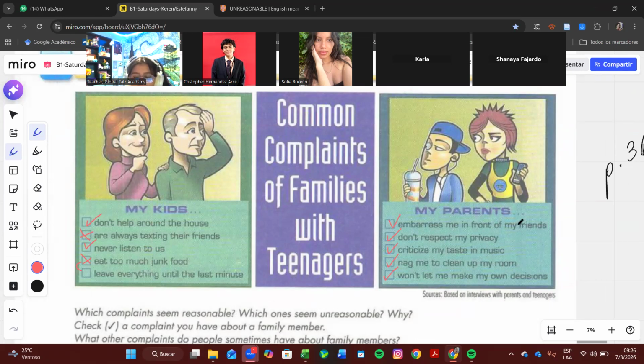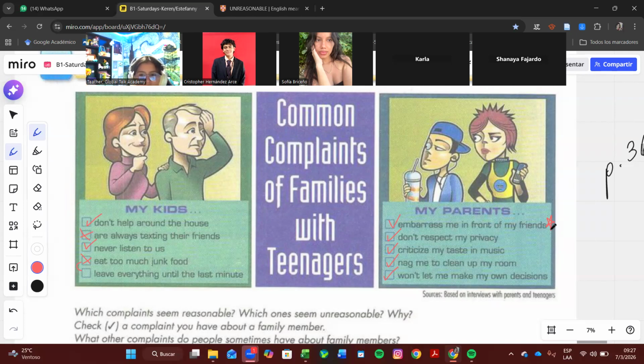Right. So, in my case, from my perspective, I don't think this is reasonable, but I don't know. It depends, right? When you get older, you remember those days and you think, my parents are not embarrassing me, they are just worrying about what I do.